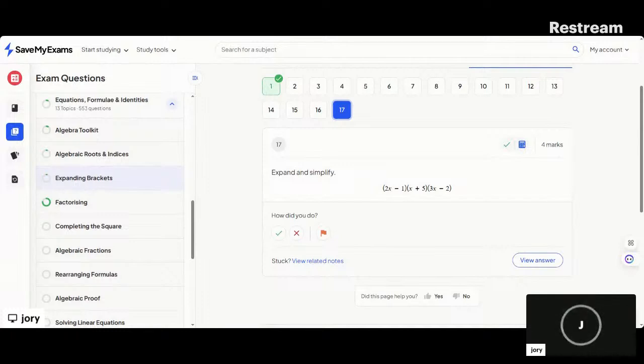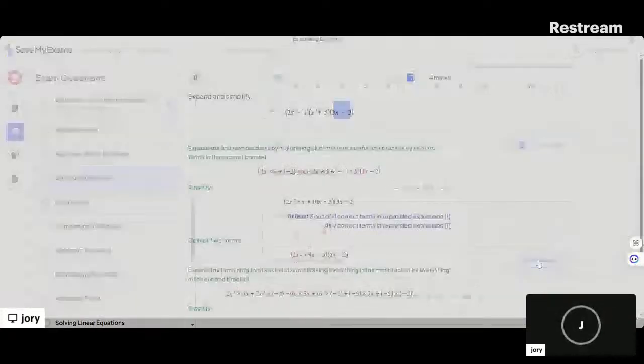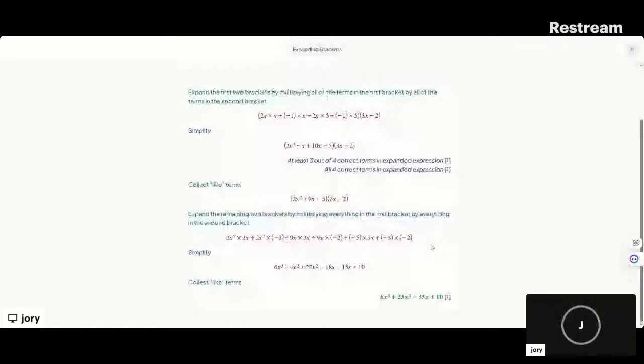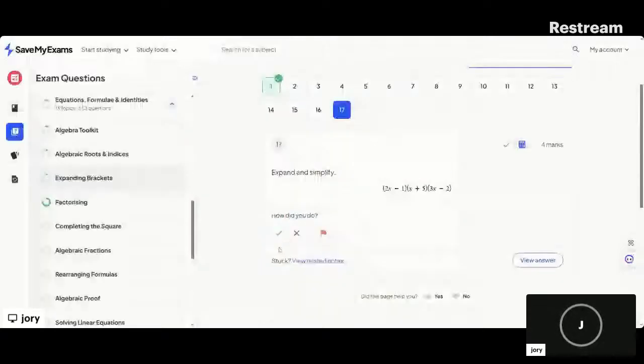Simplify: 6x cubed plus 23x squared minus 33x plus 10. Check that. 6, 23, 33, and 10. Okay, we got that right.